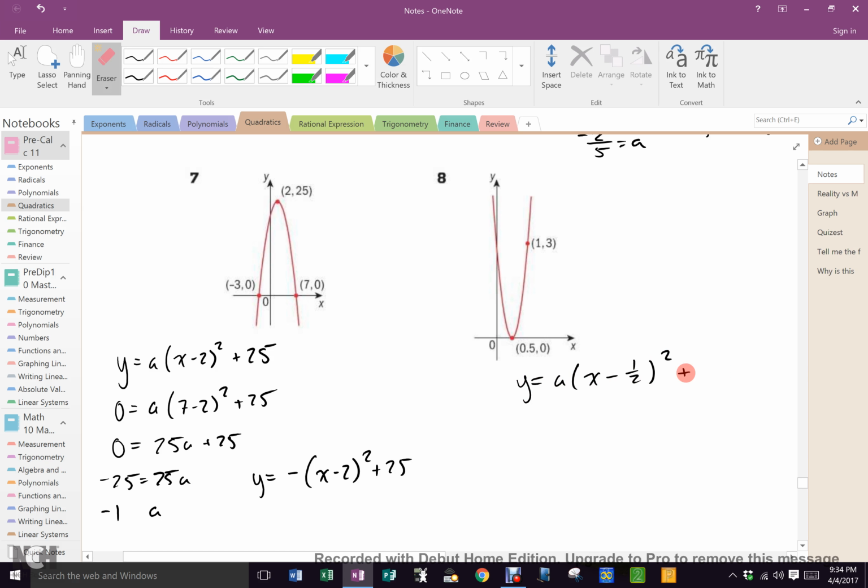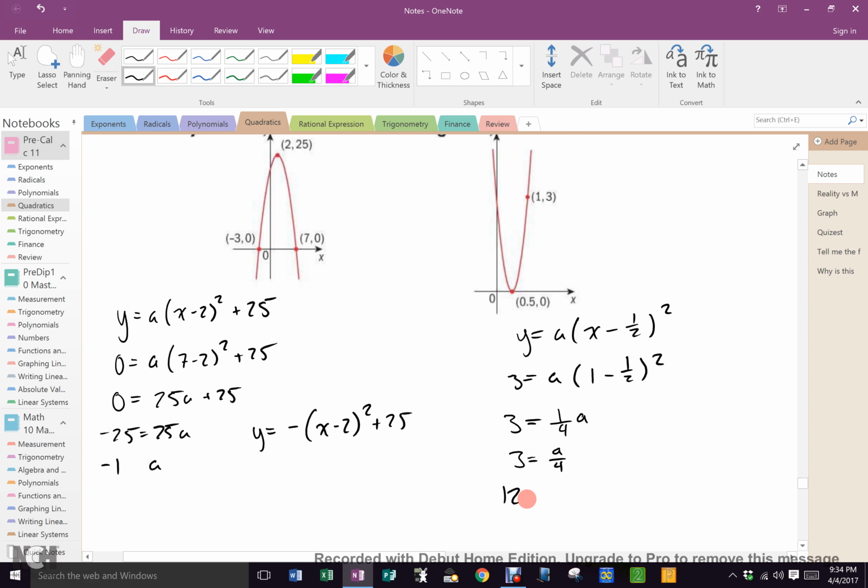Okay, so I don't need that. 3 equals a(1 minus 1/2) squared. 3 equals, 1 minus 1/2 is a half, a half squared is a quarter. So 3 equals a over 4. So 12 equals a.